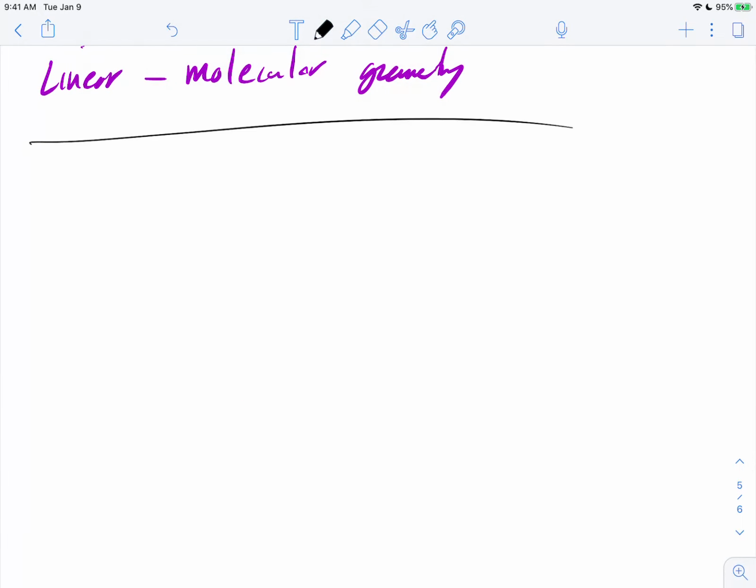Okay, so the last bit is going to be for the octahedral. So we're looking at the electron geometry of octahedral. And so remember, that was like SF6, and so we have 6 things attached.